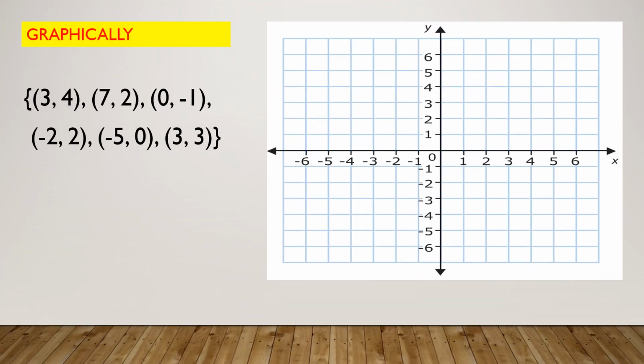Graphically, we're going to use the same ordered pairs from the previous slide, and then we're going to plot them on this Cartesian plane. So 3, 4: we go 3, the x value, and 4. 7, 2: if this is 6, here it would have to be 7. Let's just write that in.